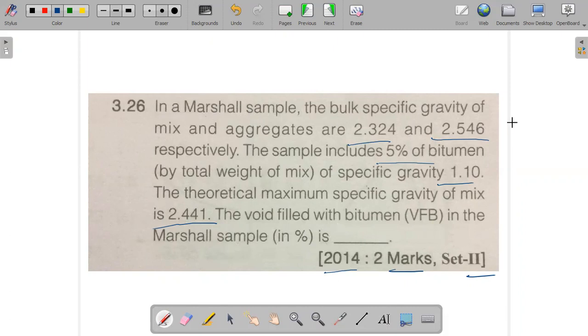In a Marshall sample, the bulk specific gravity of mix, here it is GM. The sample includes 5% of bitumen by total weight, it is WB or W4, and specific gravity it is GB or G4. The theoretical maximum specific gravity of mix is GT. And we need to calculate VFB.